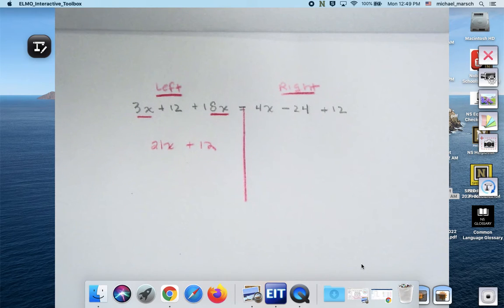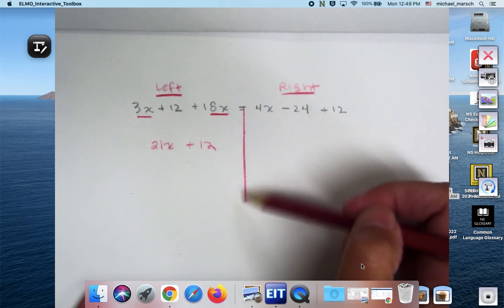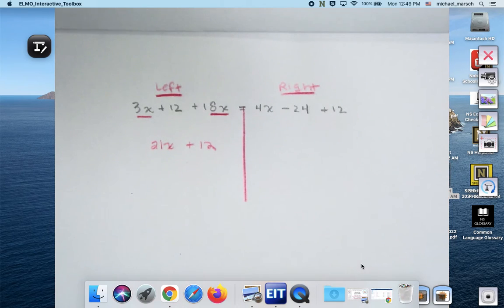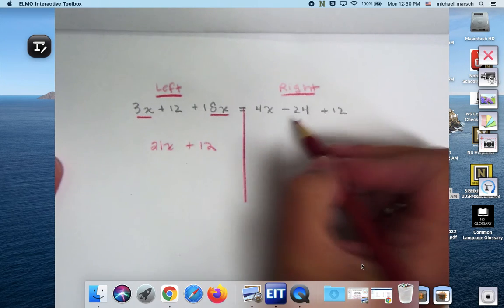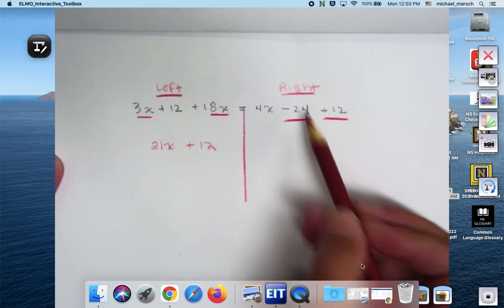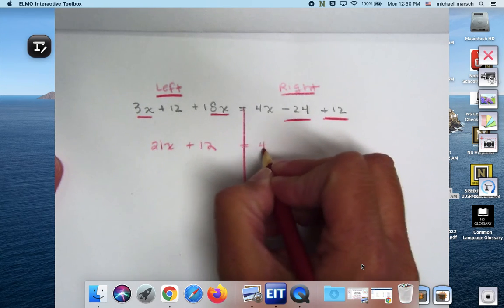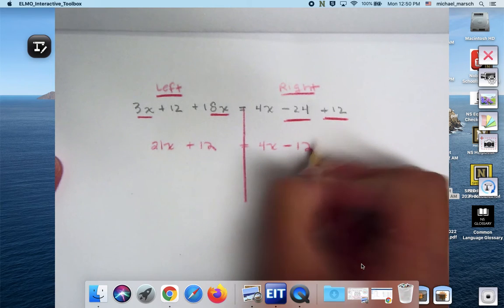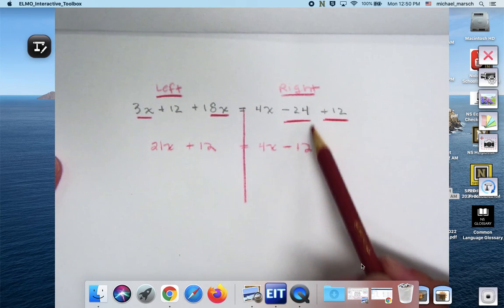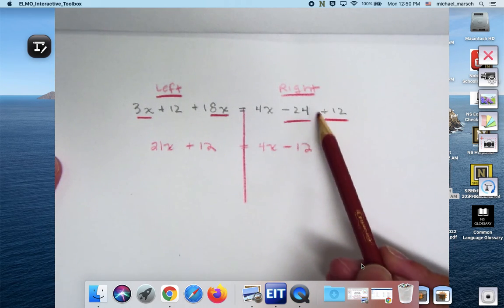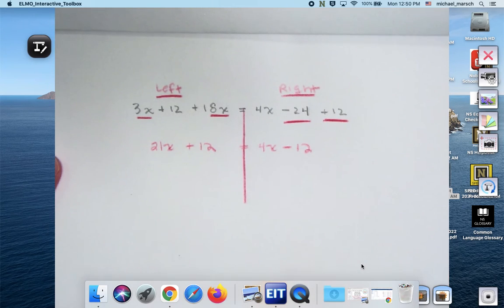I don't start adding or subtracting or doing those opposites until I'm ready to cross this wall of equality. I'm not ready to do that yet. What are my like terms on the right side? What are they? Emma? Negative 24 plus 12. Yep. My constants are my like terms here. So now I have 4x minus 12 because negative 24 plus 12 is going to be a negative 12.